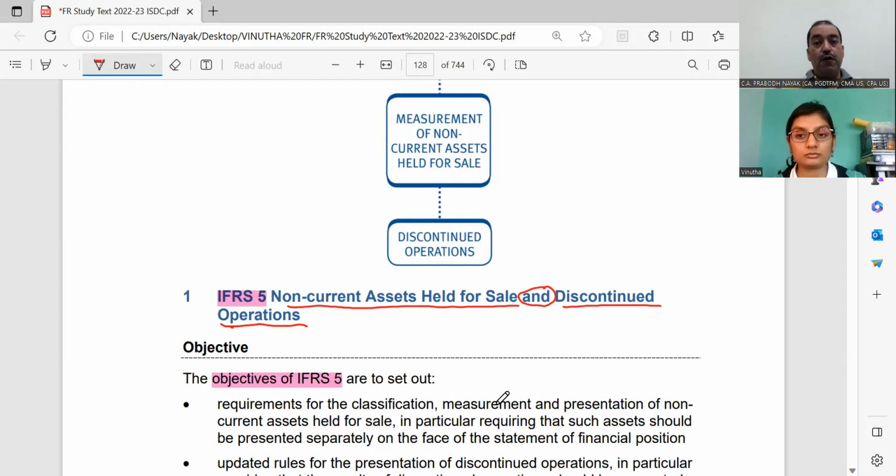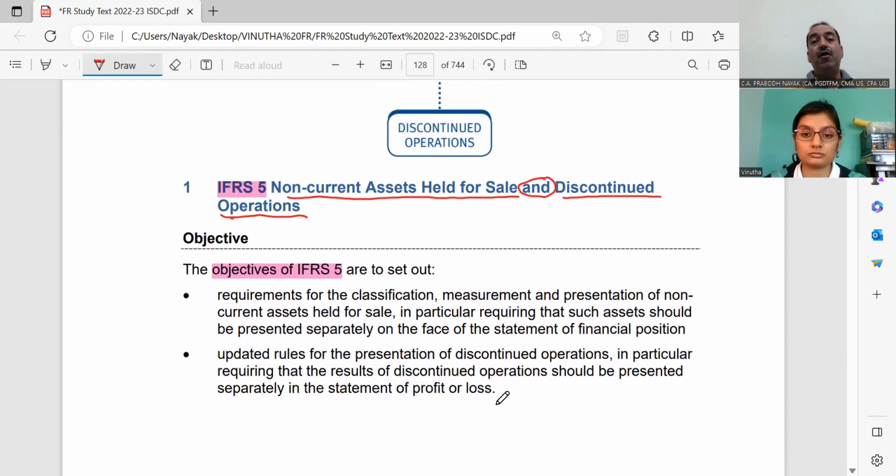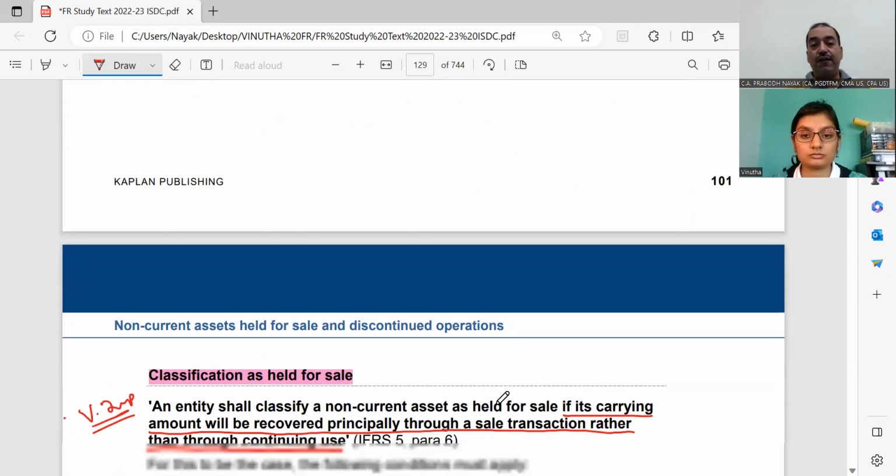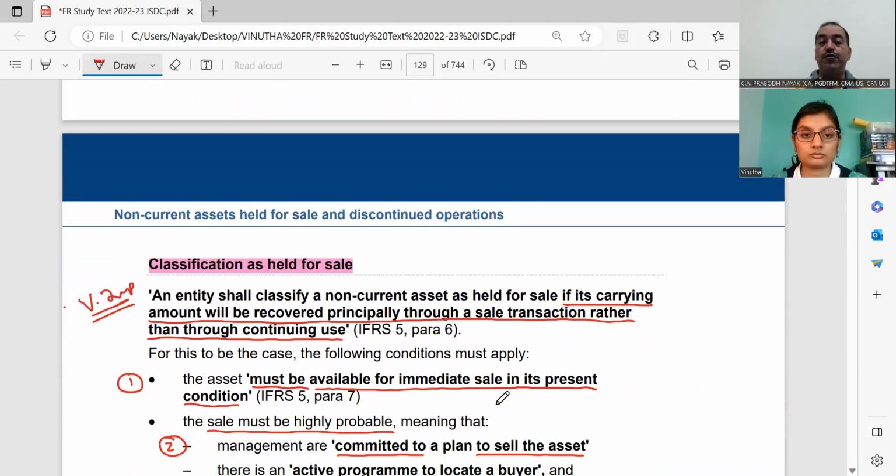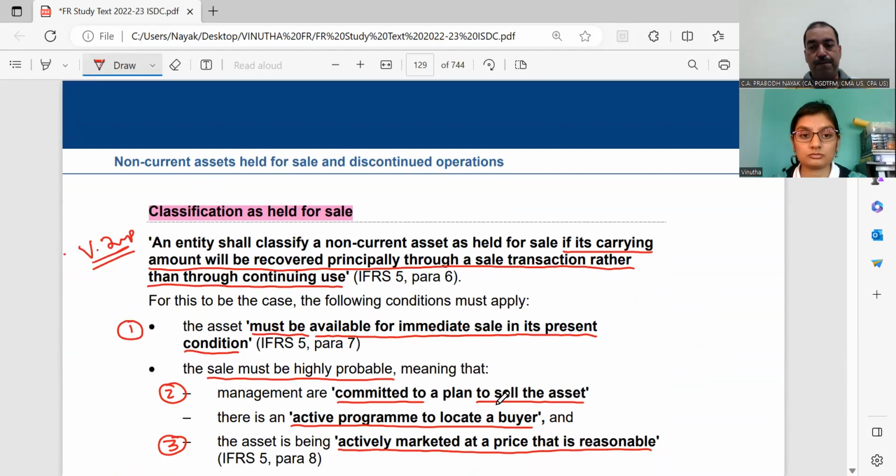So the gain or loss arising from sale of discontinued operations assets will also be shown in the SOPL. So under the heading discontinued operations, there will be two items. What are the two items? Trading results of the discontinued operations, and second, gain or loss arising from the sale of assets of the discontinued operations.